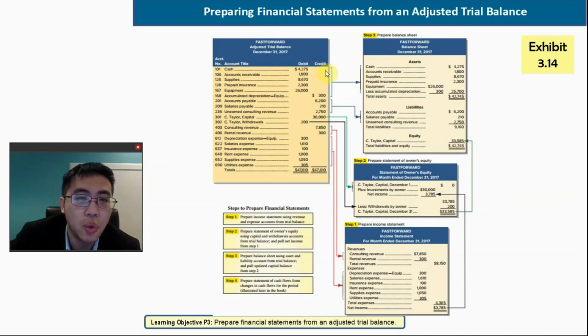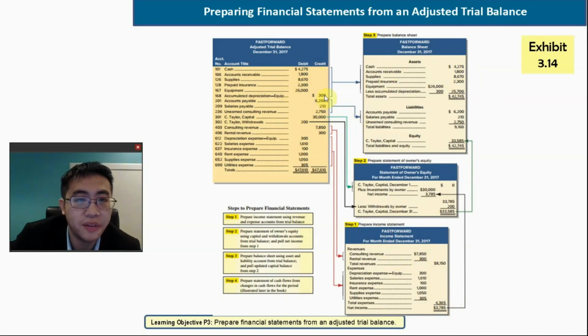So although you have two columns of numbers, right here you only have one column of numbers. This is fine. When we do the addition and subtraction, if an asset is recorded as a debit, we just put it as a positive number here.